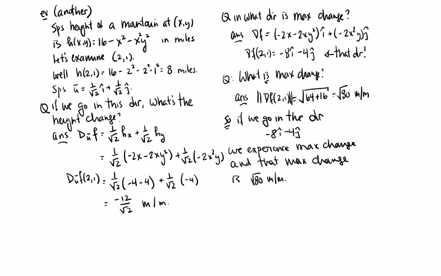Again, it's instantaneous, it's like a tangent line, but it's saying for every meter we go, we go up by the square root of 80 meters. So those are sort of the basic properties.